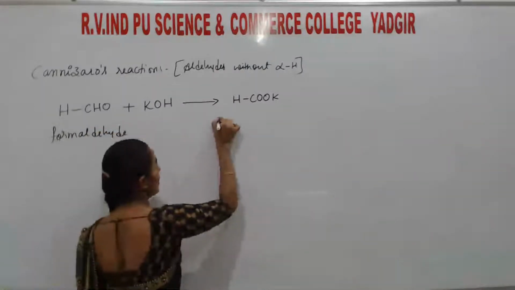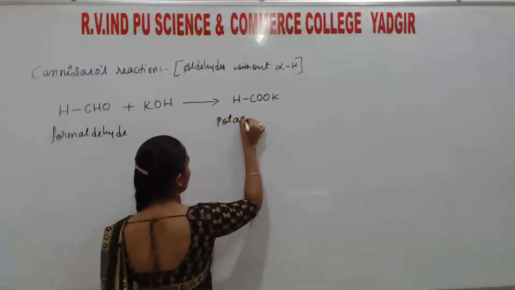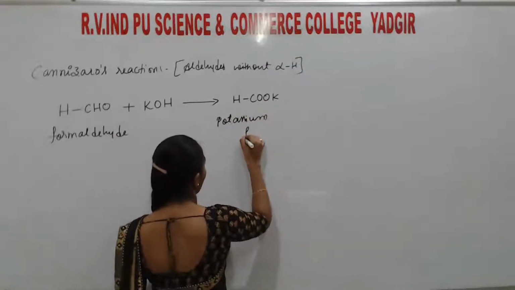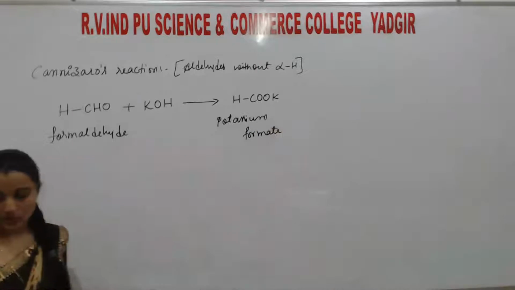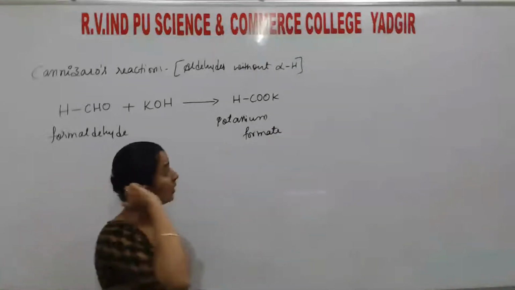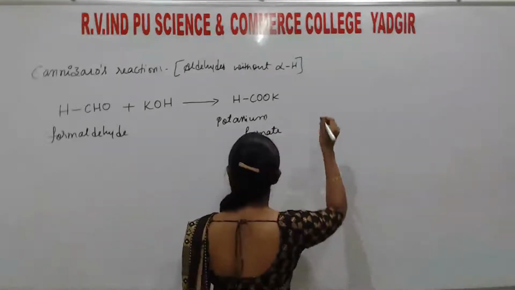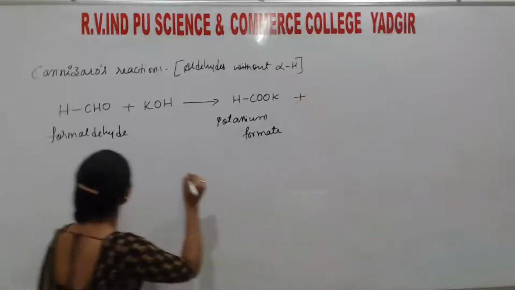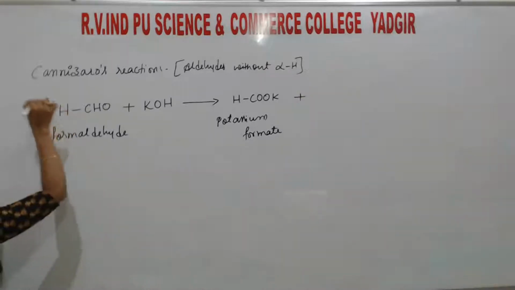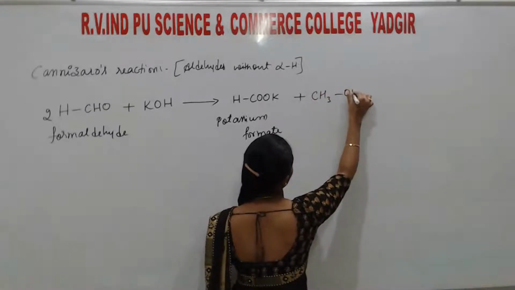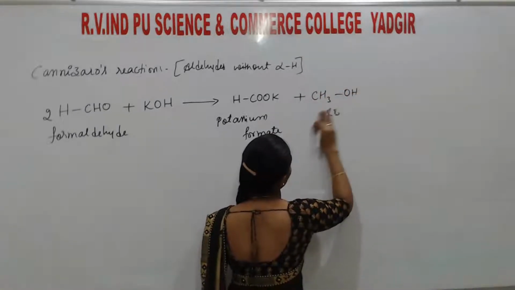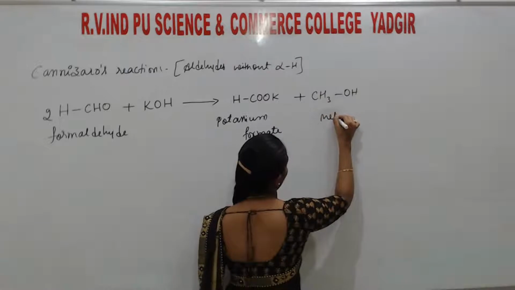This is potassium formate. Okay students, later, in 2 moles, of course, we have taken 2 moles, we form CH3OH. This one is an alcohol, especially methanol.